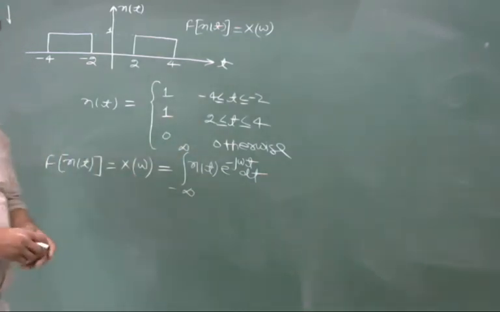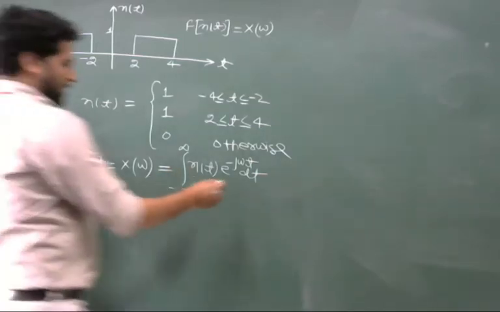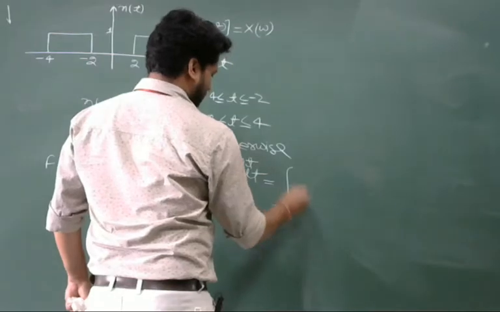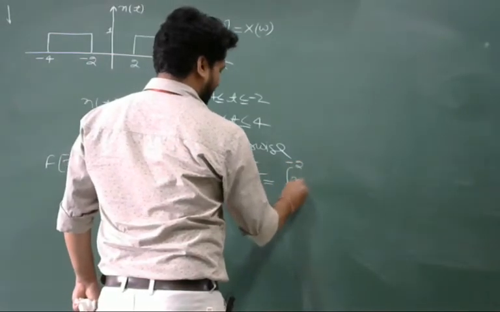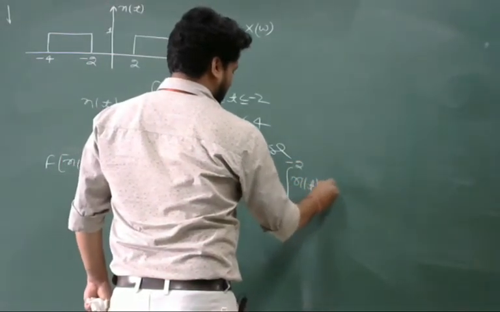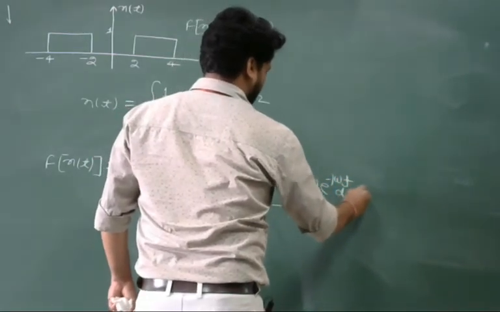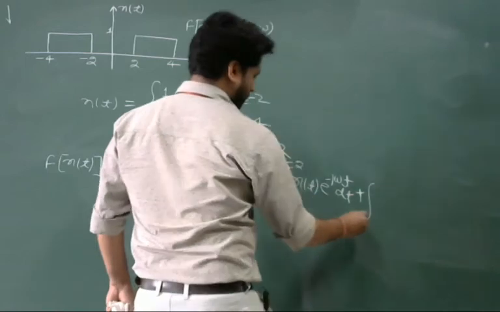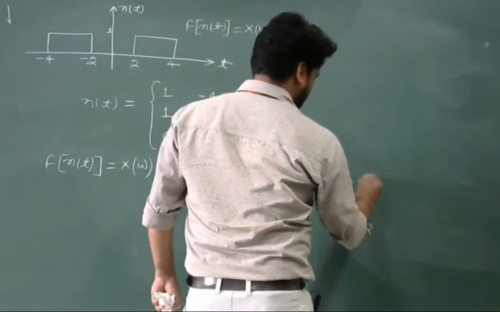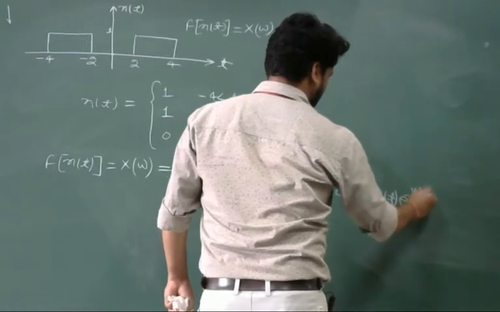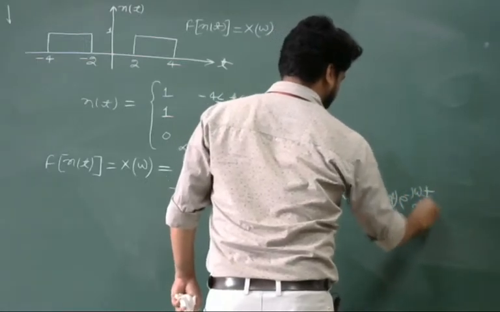So I can put the limits here. This can be written as integration from -4 to -2 x(t) e power minus j omega t dt plus integration from 2 to 4 x(t) into e power minus j omega t dt.